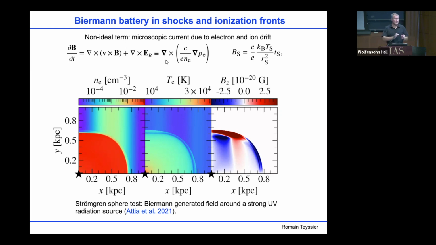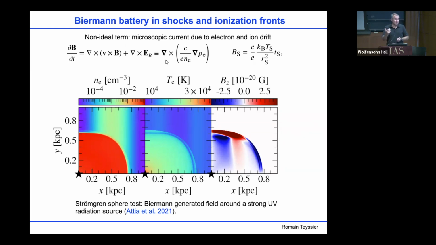So if the density is proportional to the pressure, there is no Biermann battery. For example, an isothermal gas, no Biermann battery. An isentropic gas, same thing. So you need misaligned pressure and density gradients in order to create these currents.